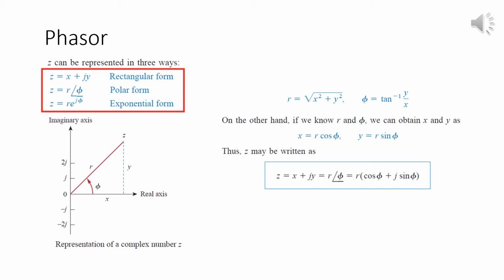On the other hand, if we know R and theta, we can obtain x and y, as x is equal to R cos theta and y is equal to R sin theta. Z may be written as z is equal to x plus jy, equal to R angle theta, or equal to R cos theta plus j sin theta.